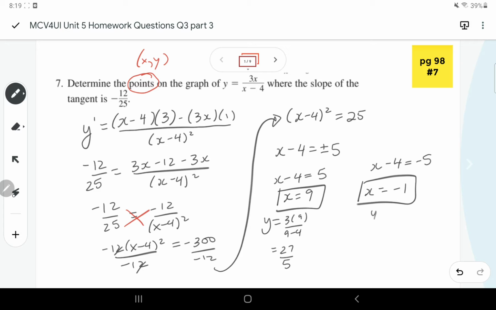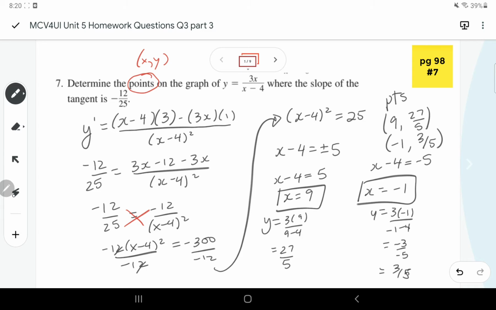And then the second one, I'd have 3 times negative 1 over negative 1 minus 4. So negative 3 over negative 5, or 3 over 5. So the points, writing them as actual points, 9 and 27 over 5, or negative 1 and 3 over 5.